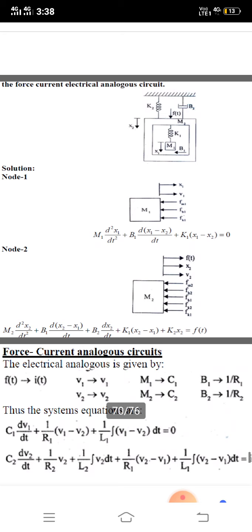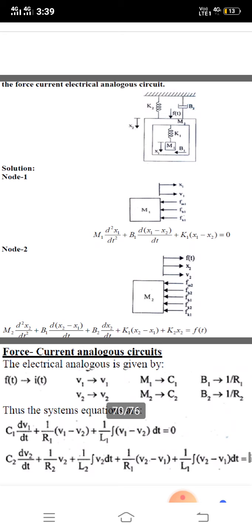So we get the differential equation for mass M1: M1 d squared x1 by dt squared plus B1 d(x1 minus x2) by dt plus K1 (x1 minus x2) equals 0, because there is no input force across M1. Then we move to mass M2.